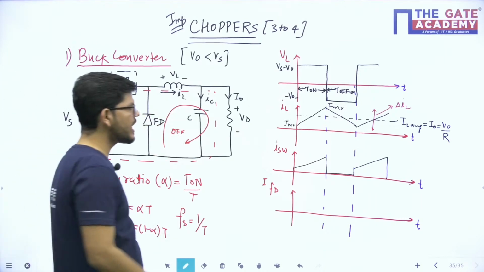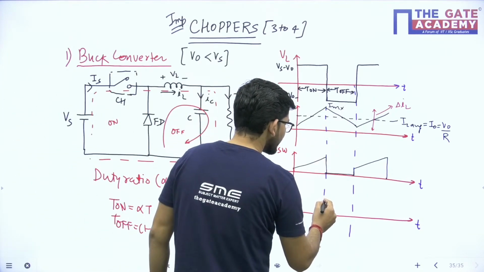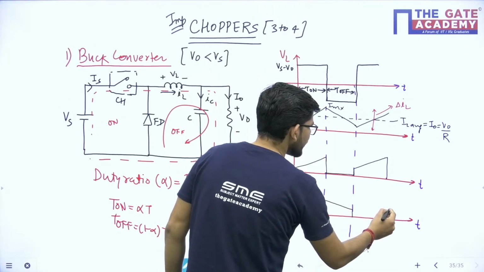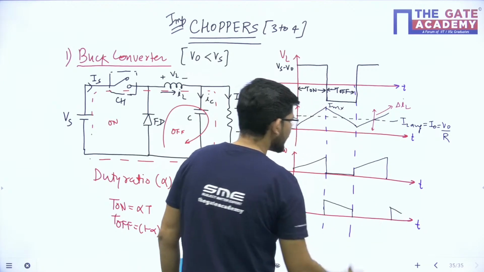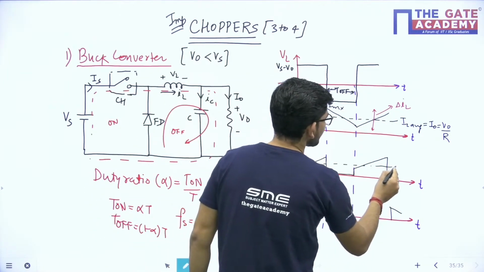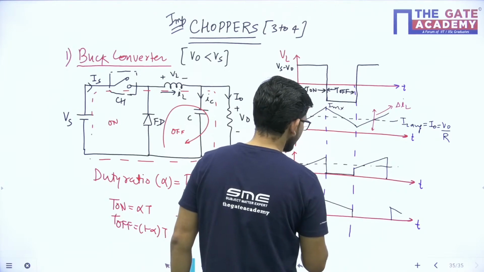So what will be the diode current? The part of inductor current that we have during the off period will be the diode current, isn't it?